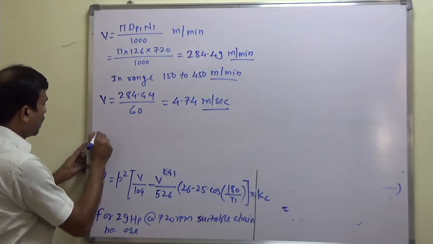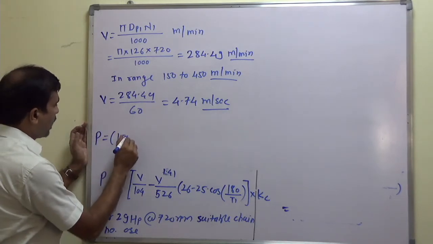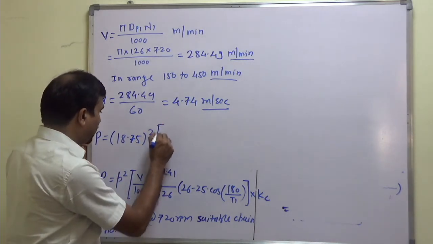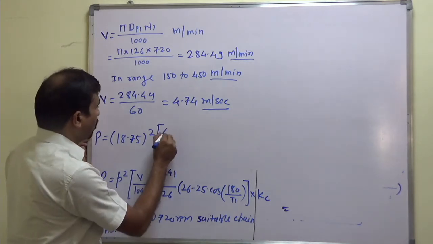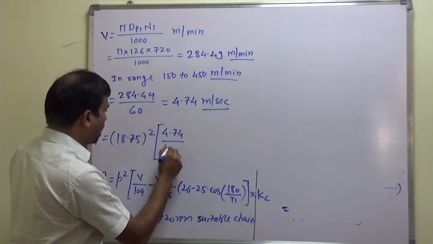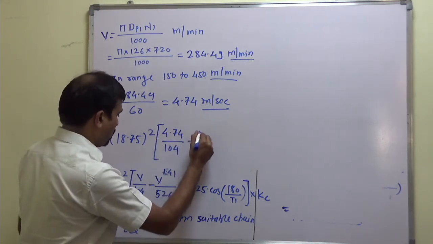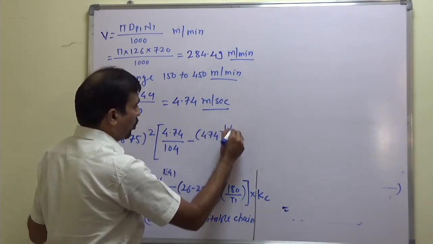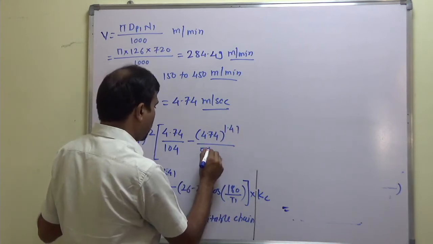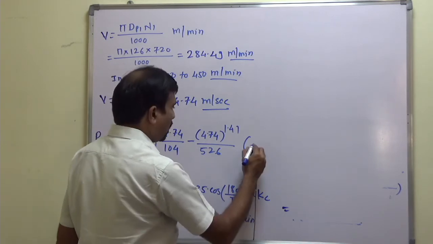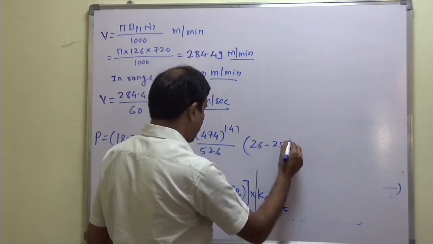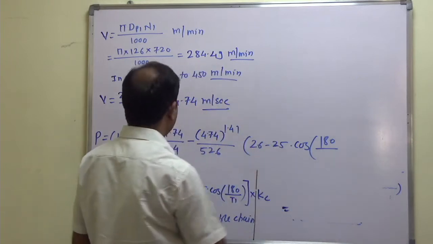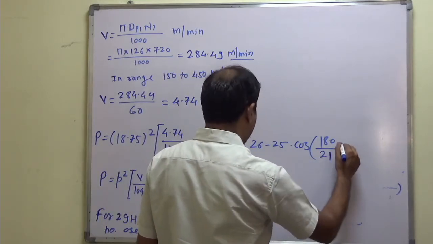Therefore, capital P is equal to 18.75 whole square, in bracket V, 4.74 divided by 104 minus 4.74 to the power 1.41 divided by 526, in bracket 26 minus 25 into cos 180 divided by T1, number of teeth we have selected as 21.